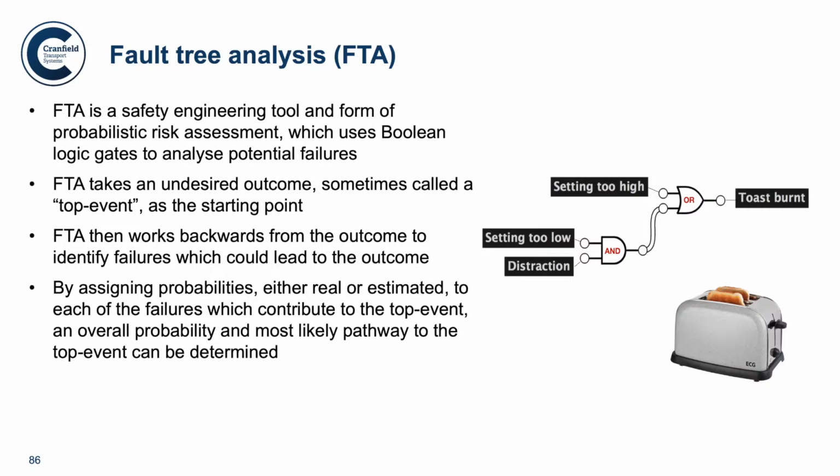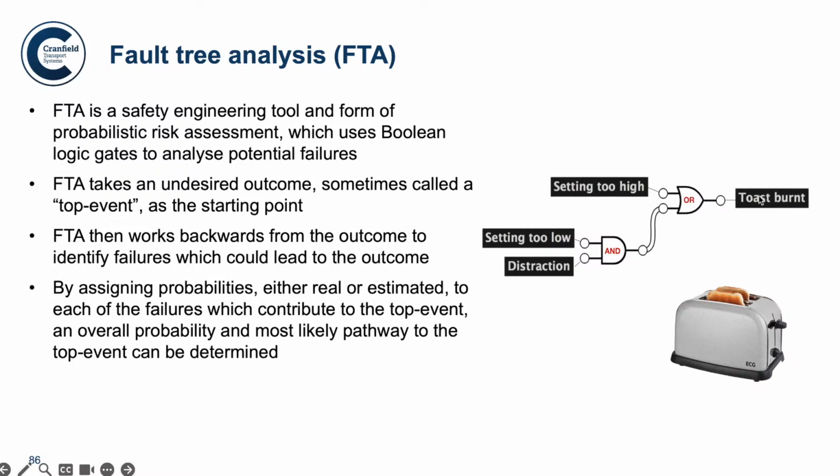Now, how we would represent this on a fault tree analysis is we'd have our top event, the toast being burnt. We'd have our straightforward one, our setting being too high. But there's another way we can burn the toast, so we use this OR gate. If either of these things occur, then that will lead to the toast being burnt.